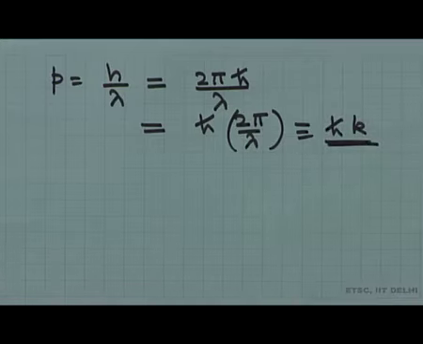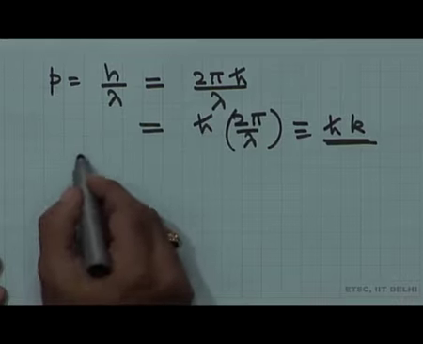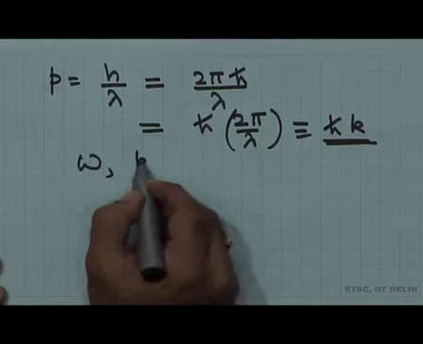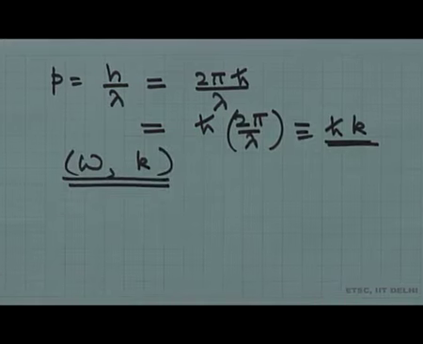So k has the dimension of inverse wavelength. It is called the wave number. The standard notation is that you describe the wave properties in terms of the angular frequency omega and the wave number k. So what would be the relation between omega and k vis-a-vis c?